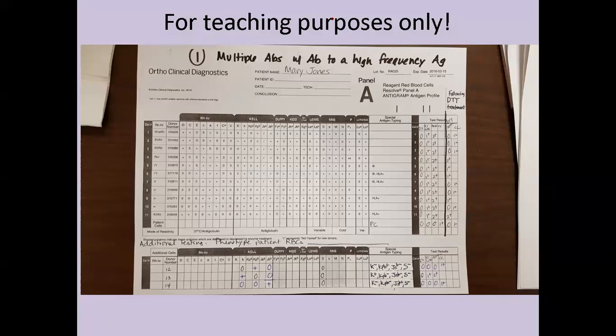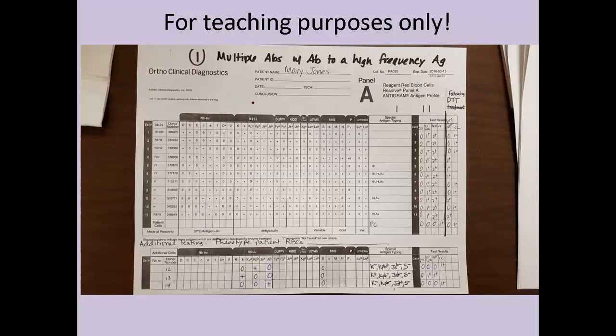I know this panel is really kind of hard to look at because everything's small. So we see the initial phases of testing here. Testing was done at immediate spin, 37 degrees, AHG, and then we have check cells. But you notice only the patient control is reacting with the check cells.